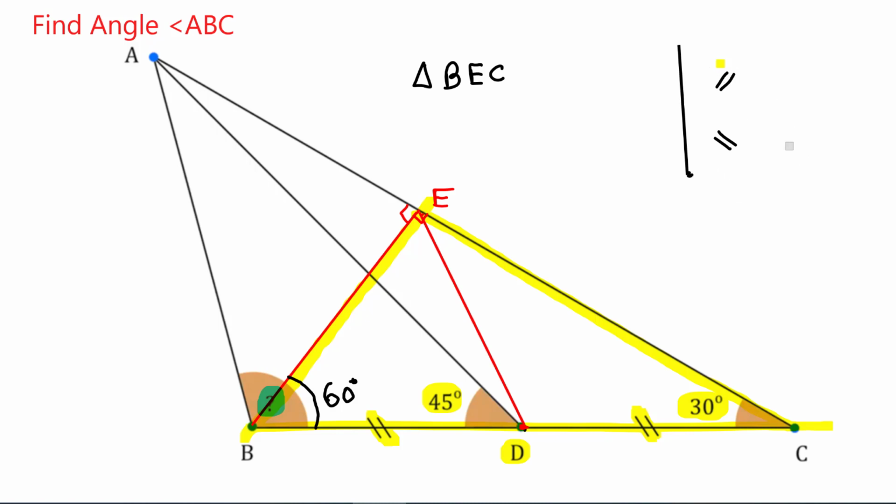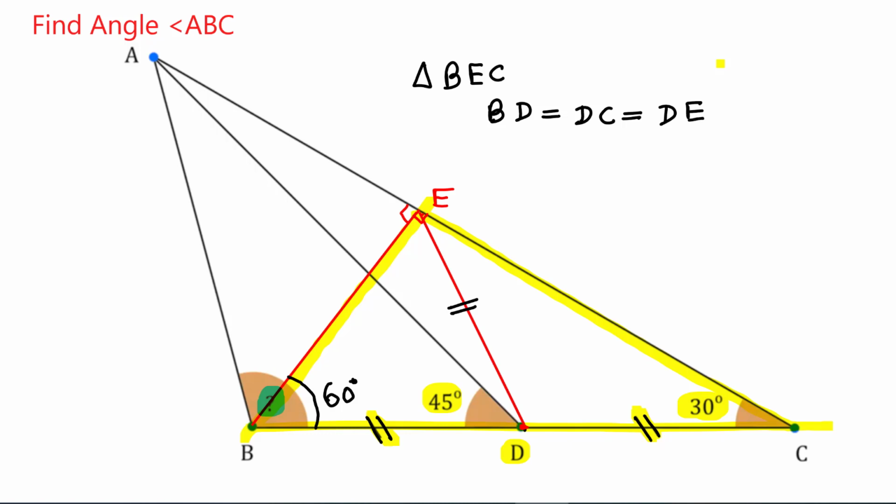So if I use this theorem here, I can say that this length is also equal to this length and this length. This means BD is equal to DC, which is also equal to DE.